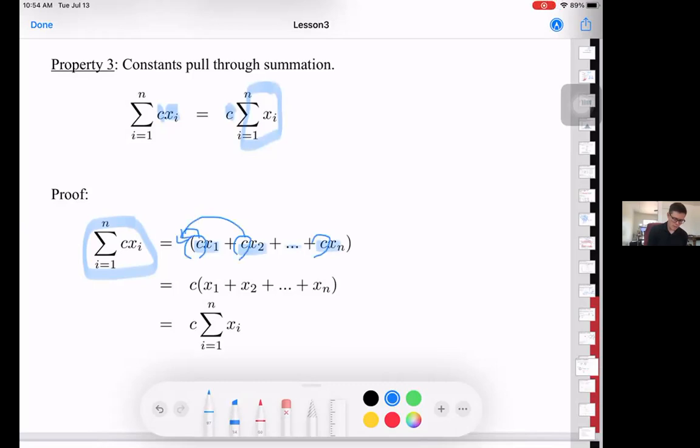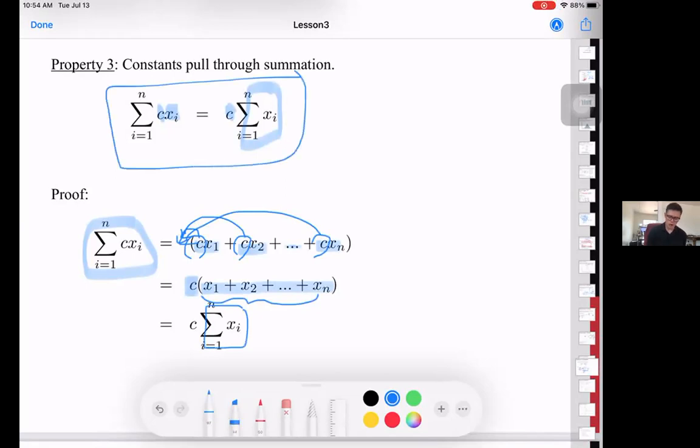We can factorize. So that's equivalent to c times (x1 plus x2 plus x3, etc.), and of course x1 plus x2 plus x3, etc., is the same as the sum of xi. So that's how we know that this property is true.